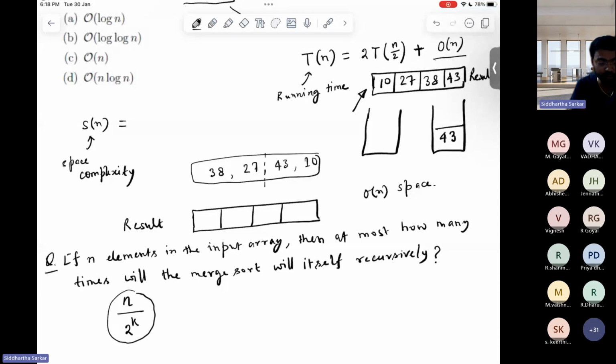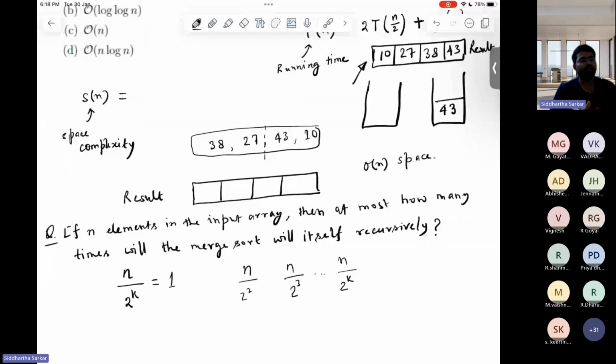After one call, size is n by 2. After second call, size is n by 2 square. After third call, size is n by 2 cube, like that. So after k calls, size of the problem remaining is n by 2 to the k, and we stop when the size of the problem becomes 1. That means only one element in the array is left. So at that point, what is the value of k? So that many iterations we will do. At that point, we have this equation satisfied that n by 2 to the power k is equal to 1.